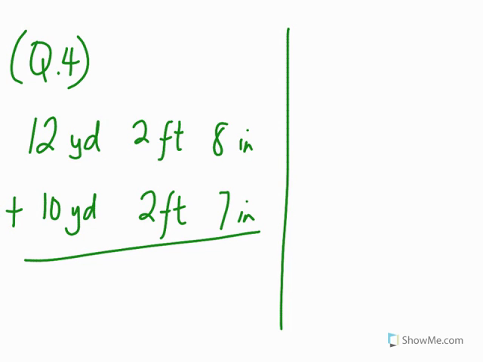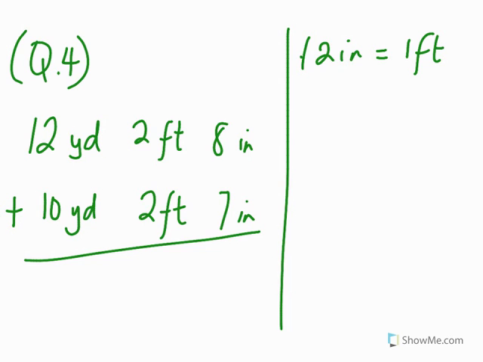12 yards 2 feet 8 inches plus 10 yards 2 feet 7 inches. So here we have 3 units, arranged in descending order. Yard is bigger than feet, and feet is bigger than inches. We still use the same principle. We start from the smaller unit. 8 inches plus 7 inches gives us 15 inches. What is the relationship between inches and feet? 12 inches make 1 foot, right?